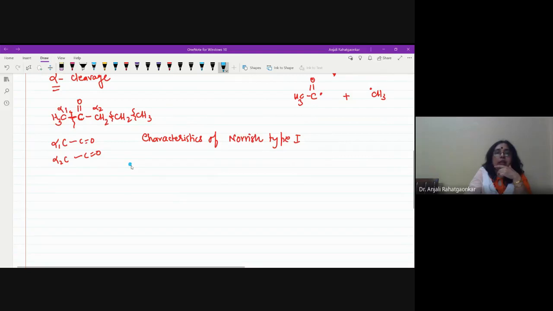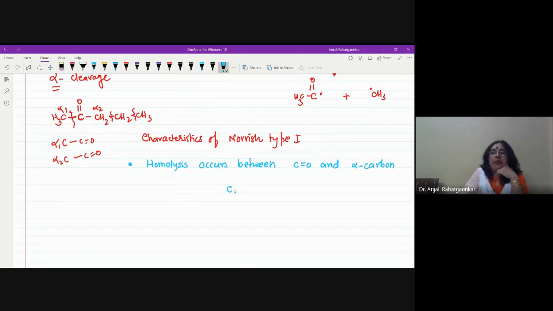Now, the first characteristic is it is done by homolysis. Now, what is the meaning of homolysis? Homolysis occurs between the C double bond O and the adjacent or alpha carbon, right?